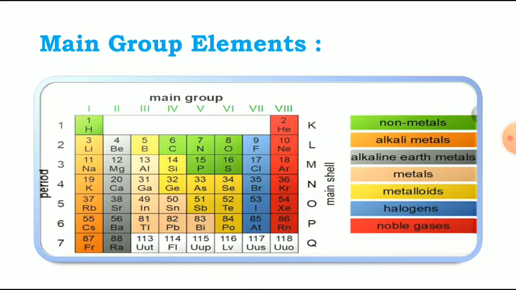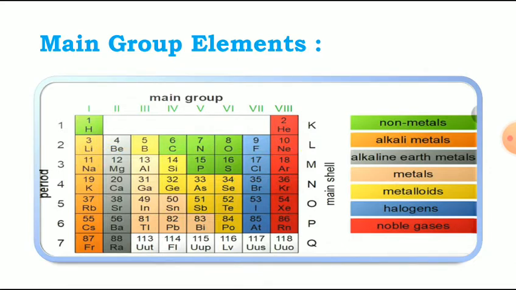See, 1 to 7, these are the periods, which are horizontal. This is the first period, and this is the second period from lithium to neon.